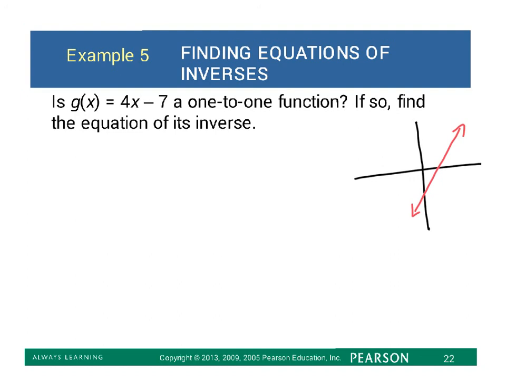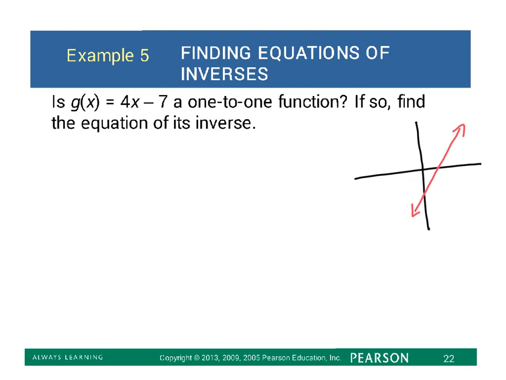So any horizontal line that could be drawn is only going to intersect that graph once, no more than once. That means it is a one-to-one function, and we can figure out the inverse of this function by doing this.